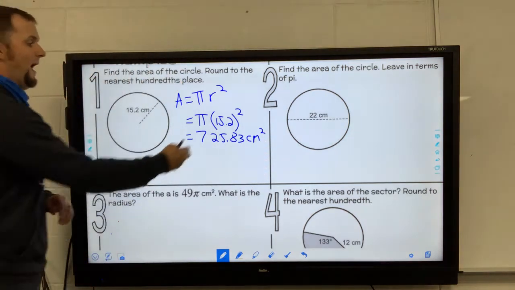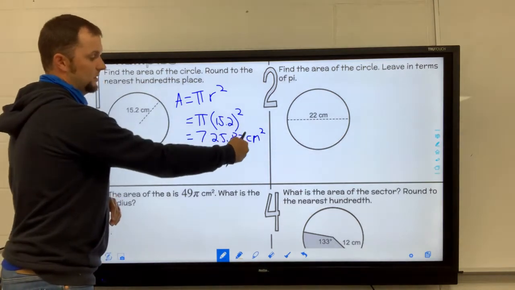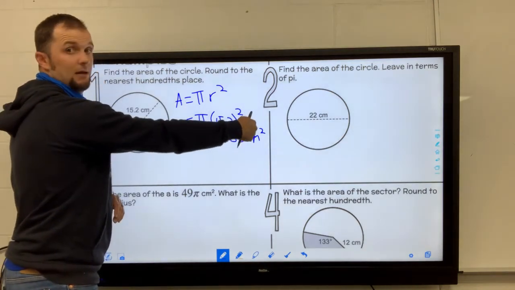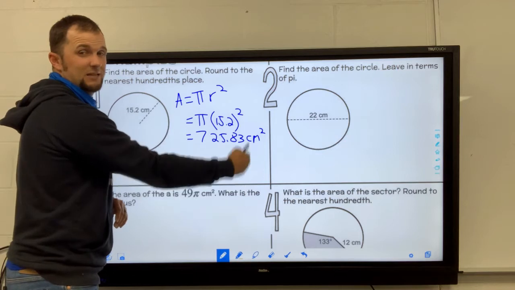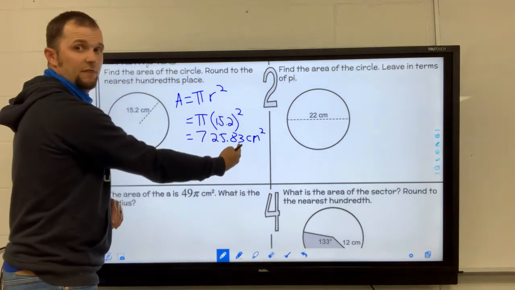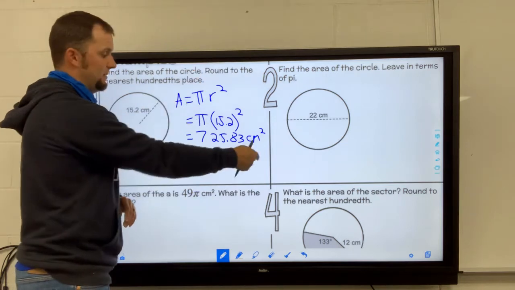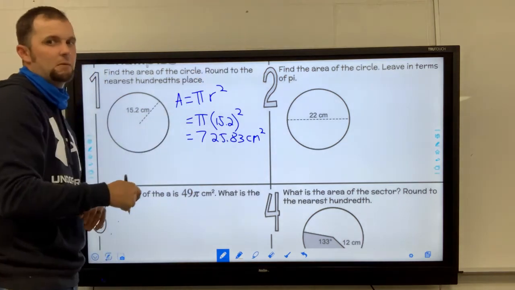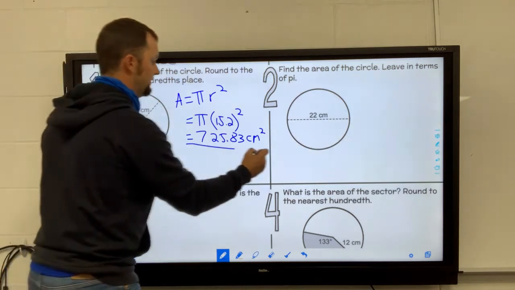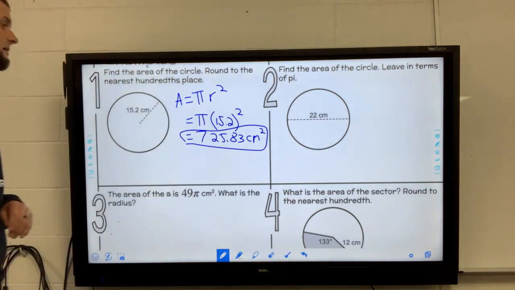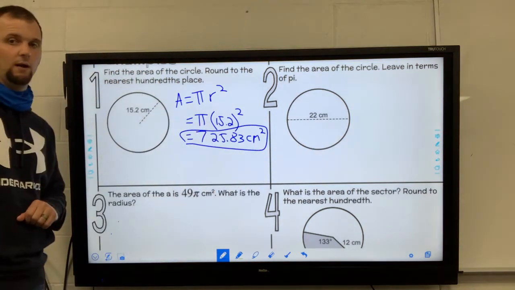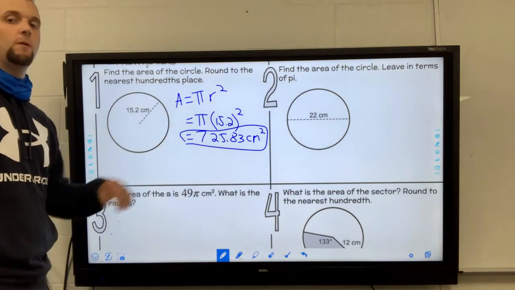I rounded to my hundredths place. That means the number in the thousandths place, if it is 5 or higher, I'm going to change the 3. If it's below 5, I'm going to keep the 3 the same. I'm not going to change it. So your final answer is 725.83 centimeters squared. Okay? Let's jump over to example number 2.